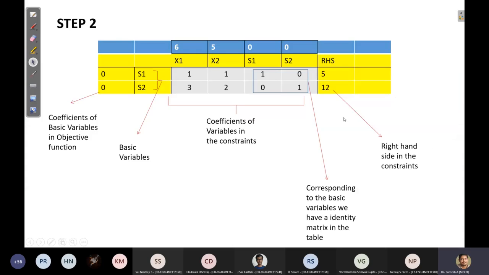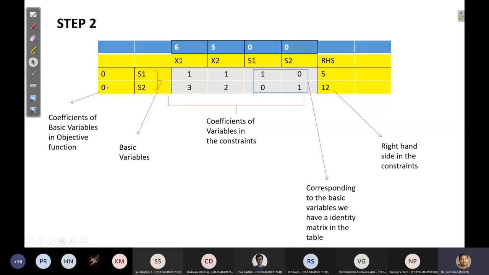I got the idle capacity, so the corresponding values of S1, S2 are entered. The RHS of the equation is entered over here as the solution constant. This is the product mix, this is the coefficient. So all the terms are entered.